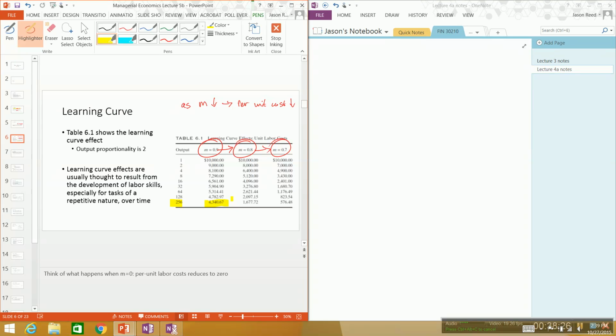You just can do it better because of this learning effect. And as that learning effect is stronger, and by stronger we mean M going down, we have per unit labor cost going down even faster. And then as we have an M of 0.7, we have per unit labor cost going down even farther.